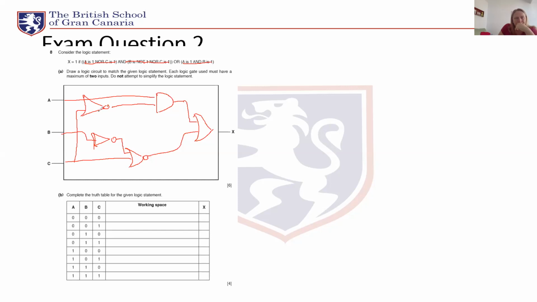Right, so A, NOR, and C going into the NOR, going into the AND. No, there's my junction that's completely wrong there. No, yes, that is totally wrong. That's completely incorrect.